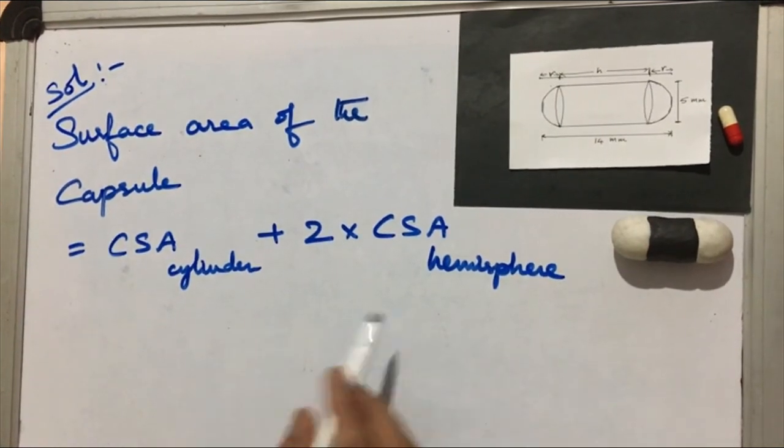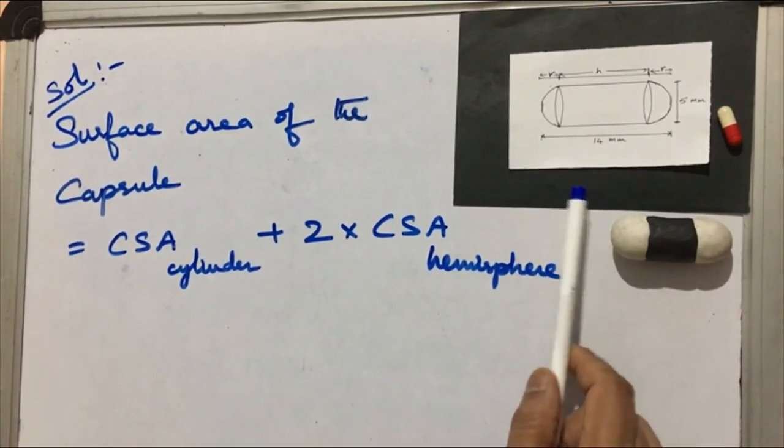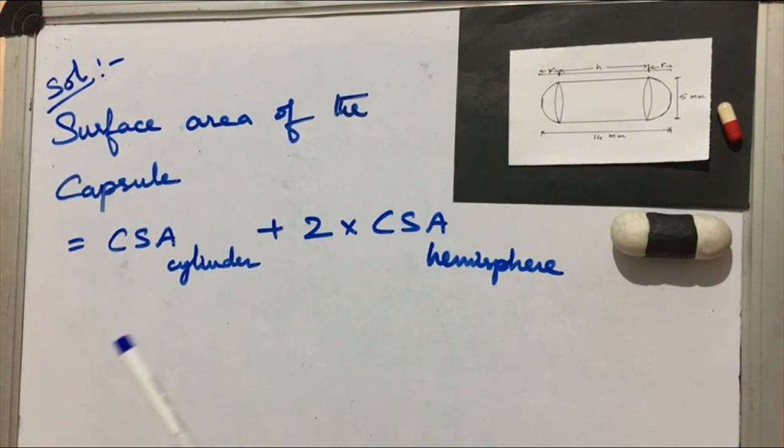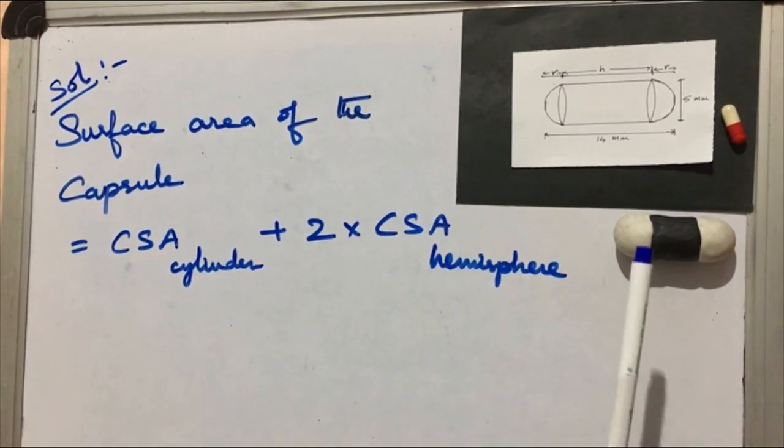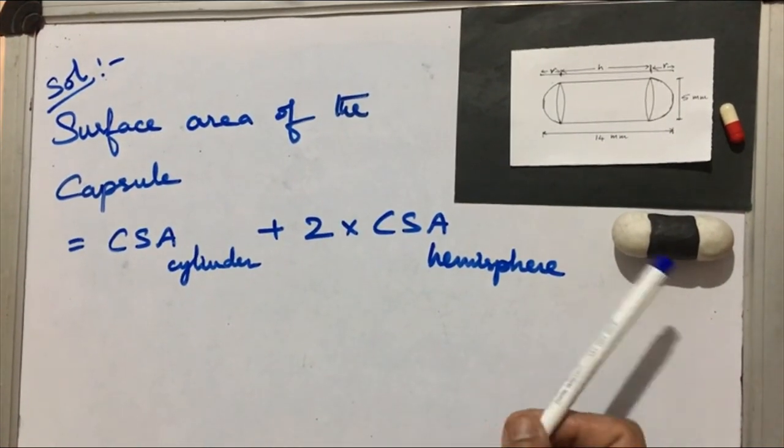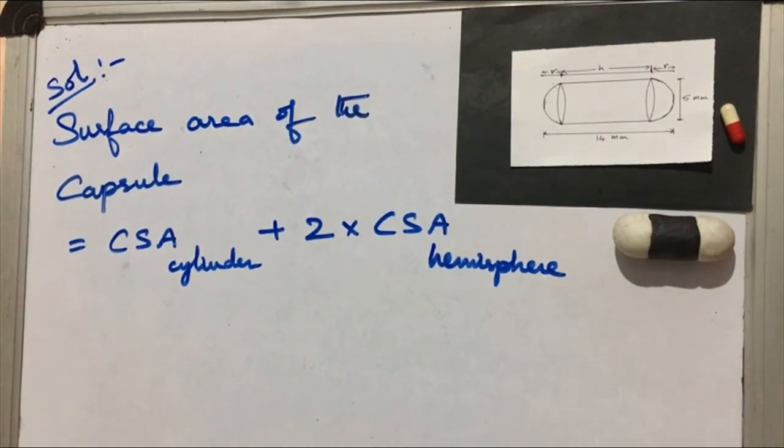When you substitute the particular dimensions in it, you are able to get the total answer for this capsule, which is the total surface area of this capsule.